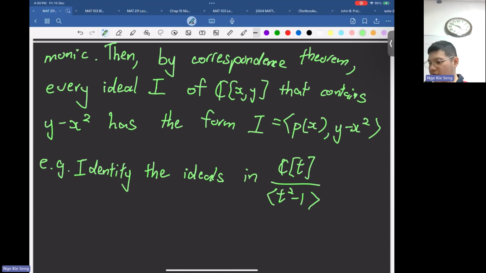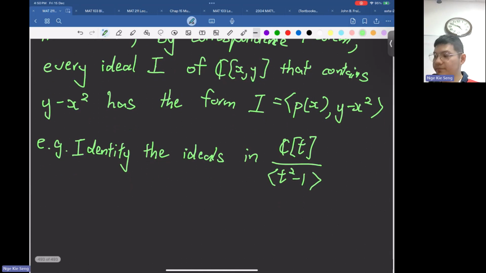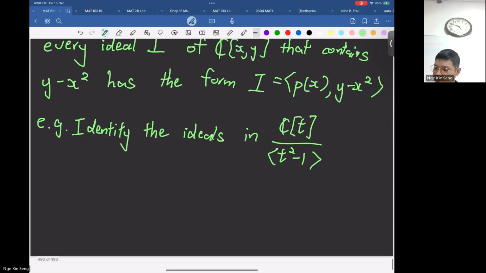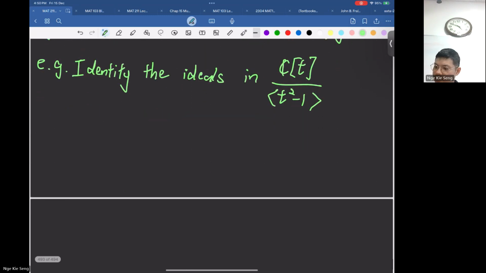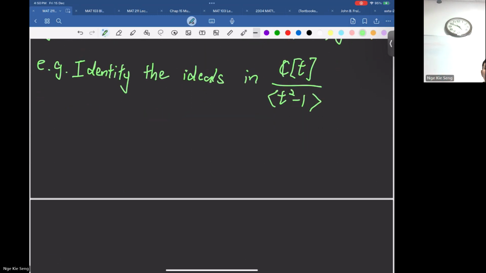And think about it. How can you use the correspondence theorem? Can you build a surjective map or not? You are taking a quotient, meaning you are killing it. You are sending the ideal to 0.